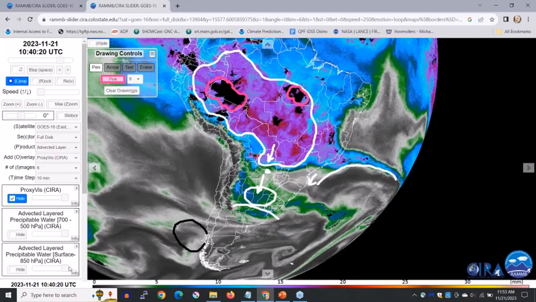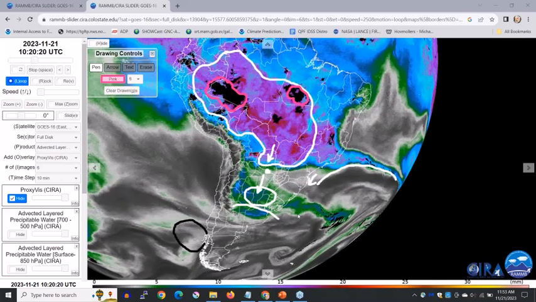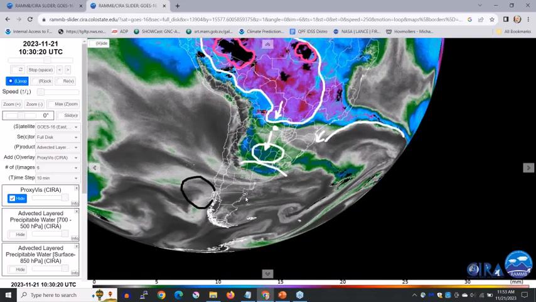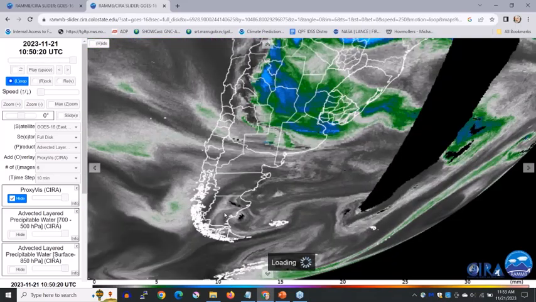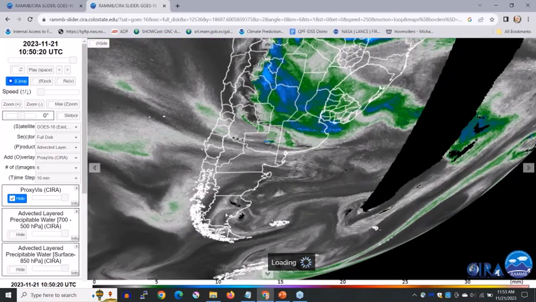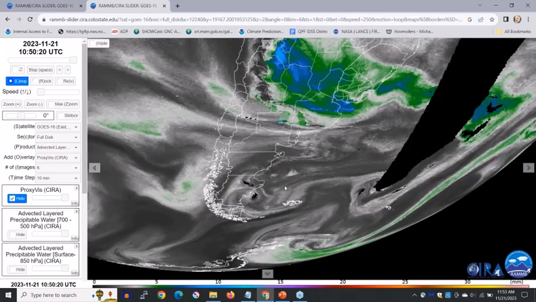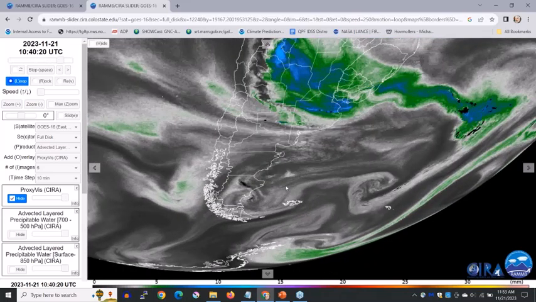Well, from the TPW, it shows that it's drier in the southern part of South America. And if you zoom into the southern part. Here? Hold on, I need to do, okay. Yes, okay.